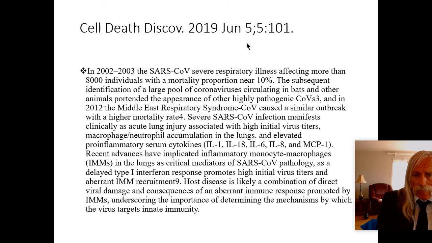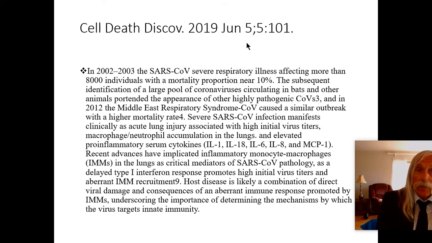All right. Promotes high initial virus titers and aberrant IMM recruitment. Right. So that's part of the pathology. High initial virus titers and aberrant IMM recruitment. Host disease is likely a combination, directly from this paper, Cell Death Discovery, just published a year ago, not even, before this last so-called pandemic. Host disease is likely a combination of direct viral damage.